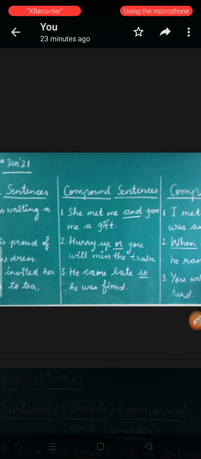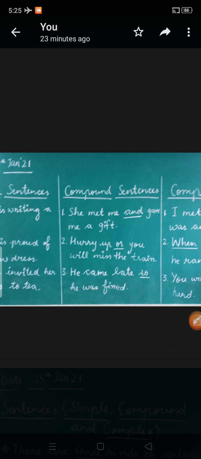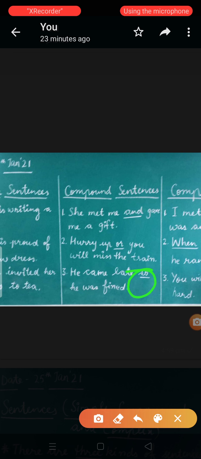Hurry up or you will miss the train. Hurry up, independent clause. You will miss the train, again independent clause. And I have joined these two sentences using or. Now, he came late, so he was fined. He came late and he was fined. Both are independent clauses and we have joined these two by using so.